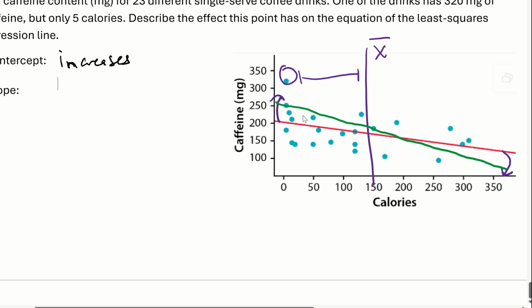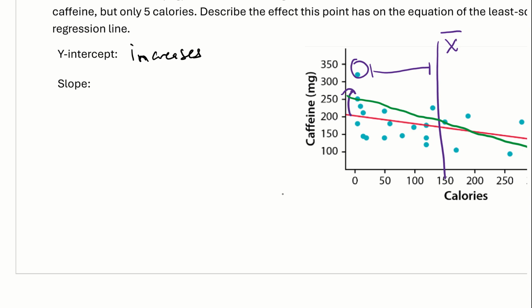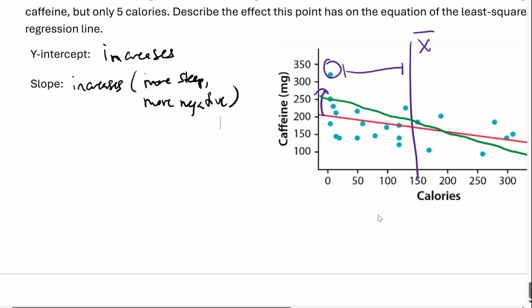And then it makes the slope steeper, right? So it increases the slope, which means more steep, more negative. So that's what we mean by that. It increases the slope, it makes it more negative, it makes it more steep. Okay, and that's it. So that's what it's going to do.